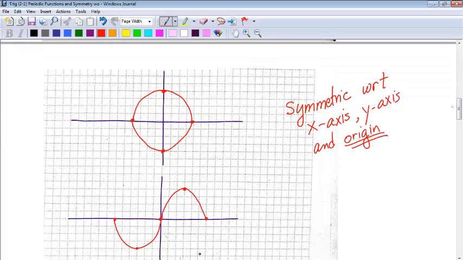If I took this graph, this is kind of like a cubic graph. If you put a pin here, rotate it 180 degrees, am I going to get the same graph? Yeah. Best way to show that maybe.